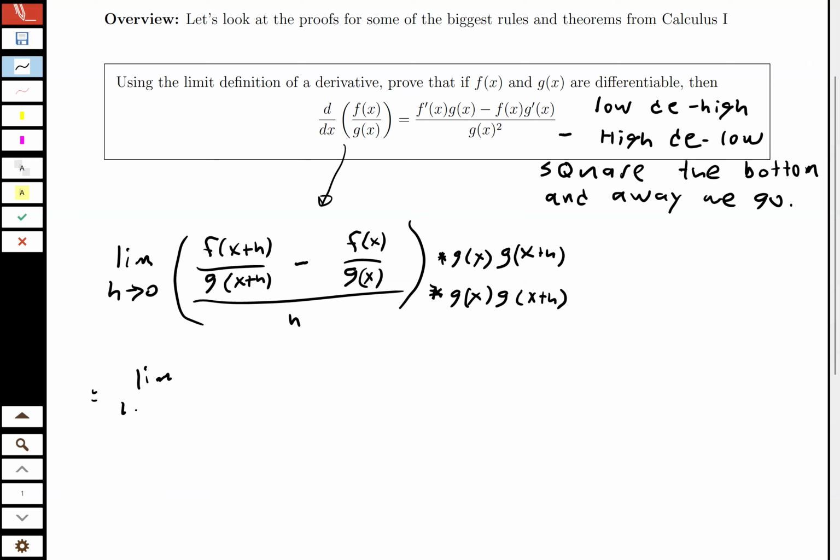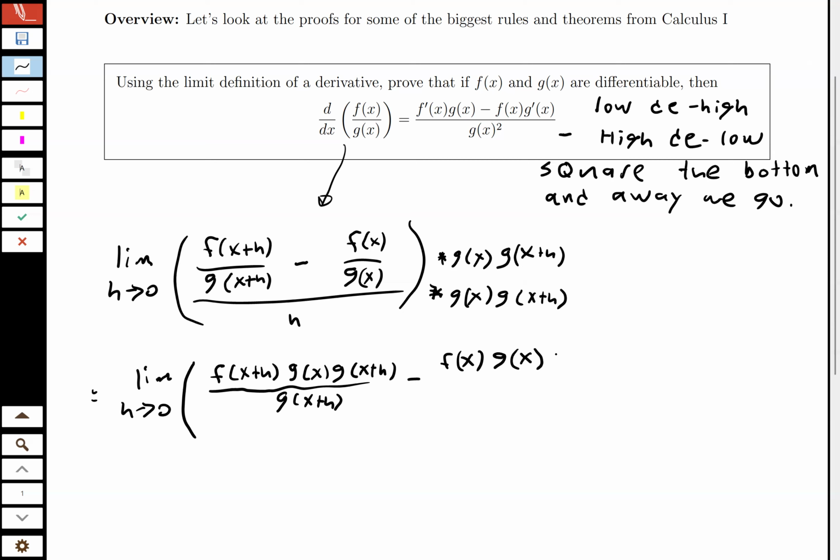When we do this step, limit as h goes to 0, I'm going to write out the longhand for the top: f of x plus h is picking up a g of x and g of x plus h for this first fraction on the top, still over g of x plus h. And the second rational is picking up a g of x and a g of x plus h, all over g of x.